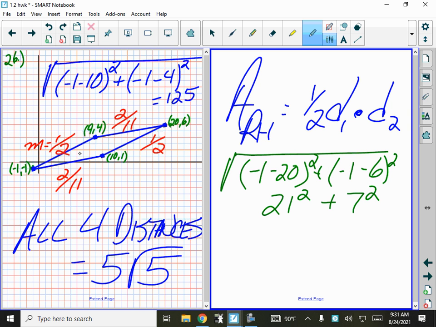So the area of the rhombus. Somebody apparently didn't read my book problem. So 21 times 21, 400 and 40, what, 441?